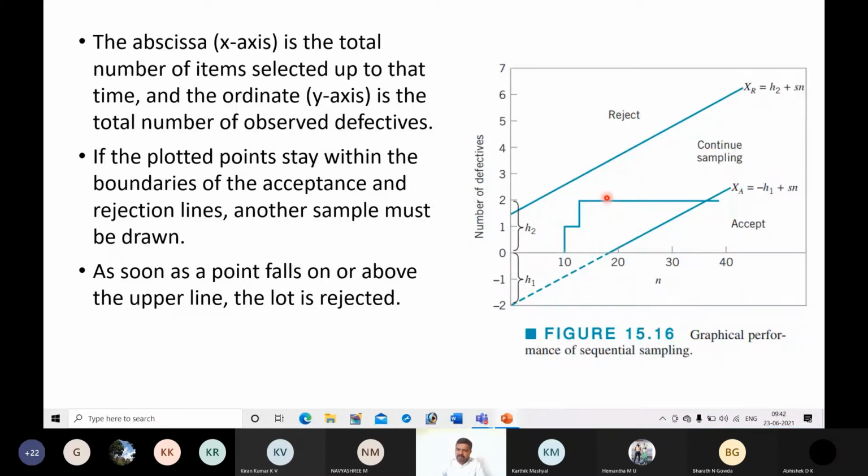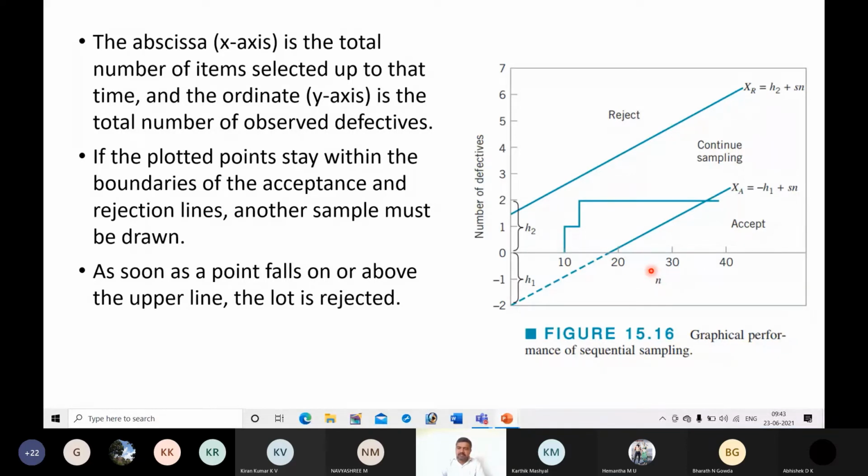If a point lies below the acceptance line, we can accept the lot at that point. If the point lies above the rejection line, we can reject the lot. That means if the point lies above the rejection line or below the acceptance line, we can make a decision regarding whether to accept or reject the lot, and we can end the sequential sampling there itself.